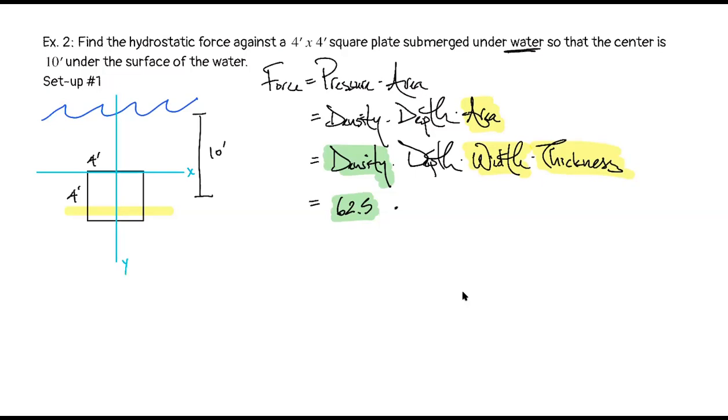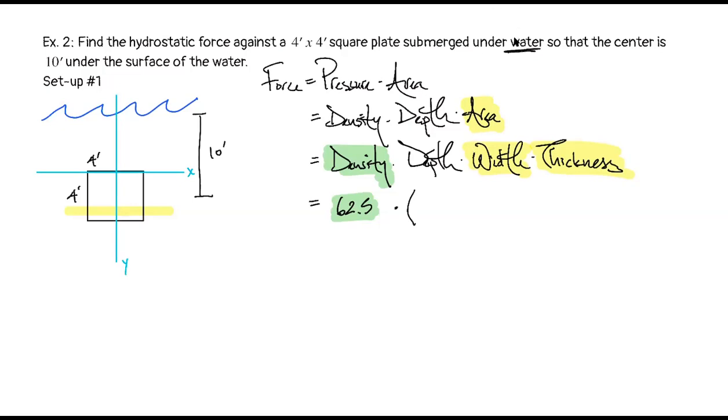That means that when I'm looking at my depth, I know that the smallest depth I can have is from the surface of the water to the top of the square. How far is that distance? 8 feet. Yeah, it's 8 feet.